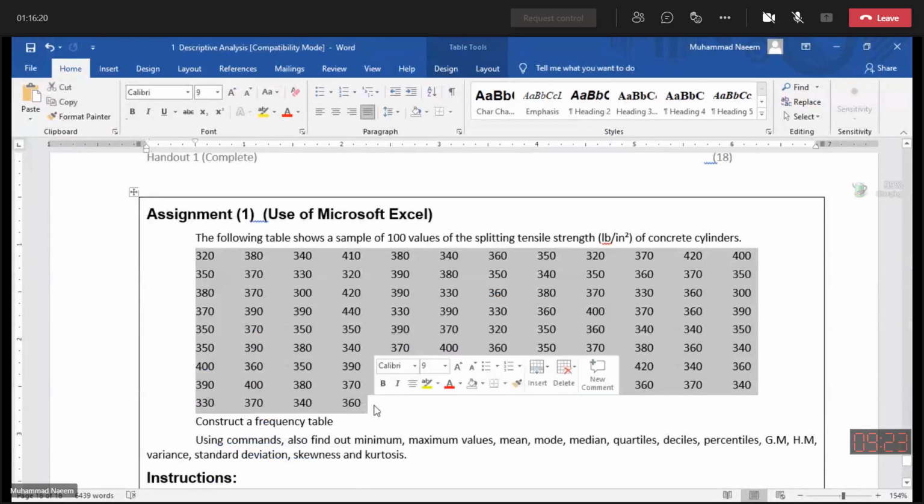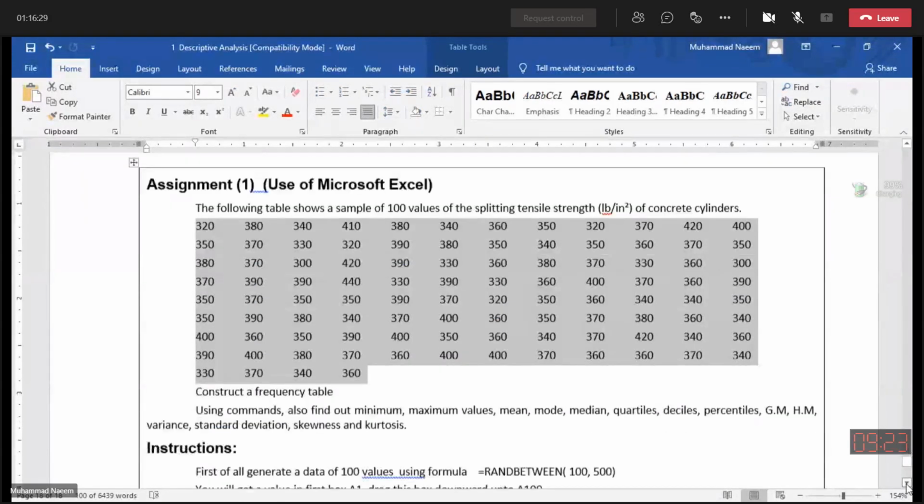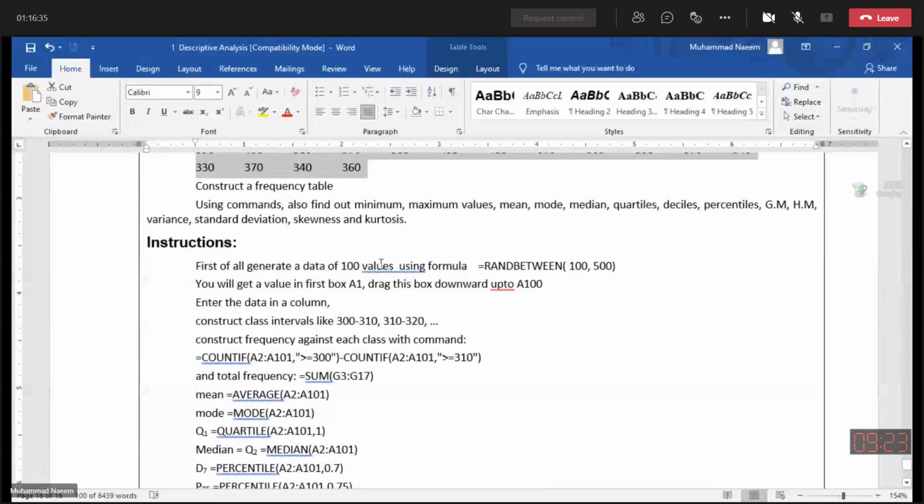So if you need to generate them from Excel, this is the command. Range is from 100 to 500. You will get a single value in the first box. Drag it downward up to 100. You will get values ranging from 100 to 500.